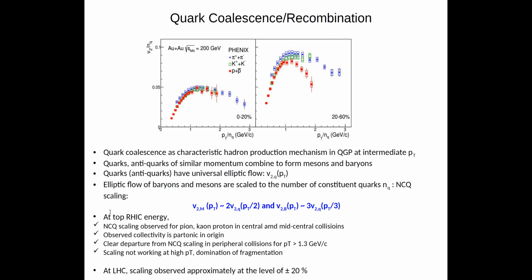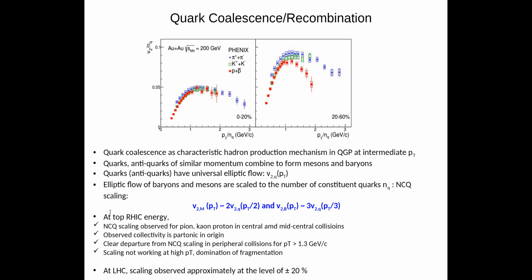The observation of this NCQ scaling in data at RHIC is considered a success of this recombination model. However, this model has one very big criticism: it does not account for gluons. It only talks about quarks, but does not account for gluons, which are the carriers of the strong interaction.